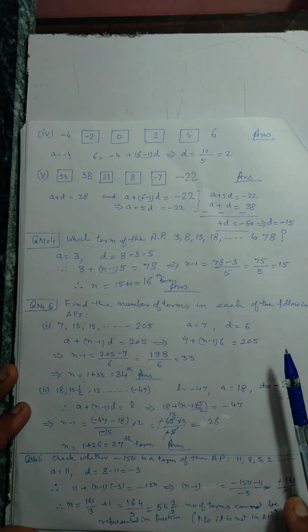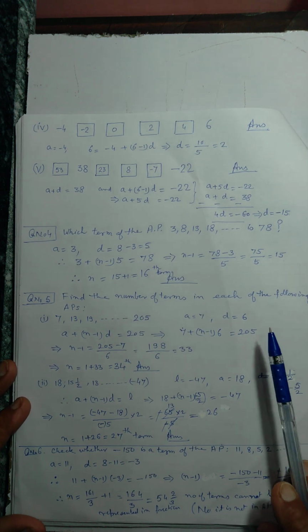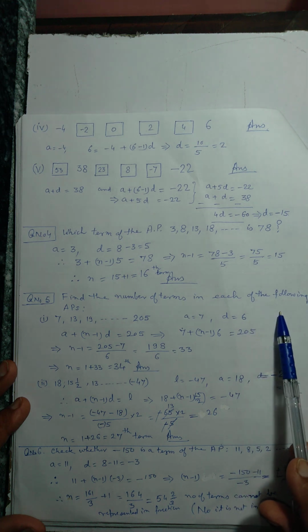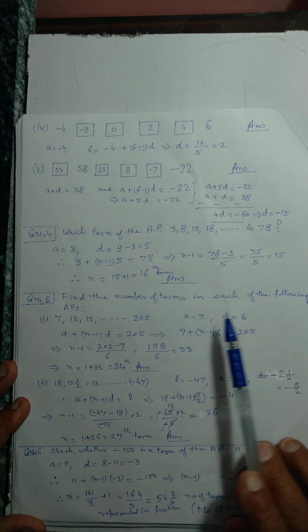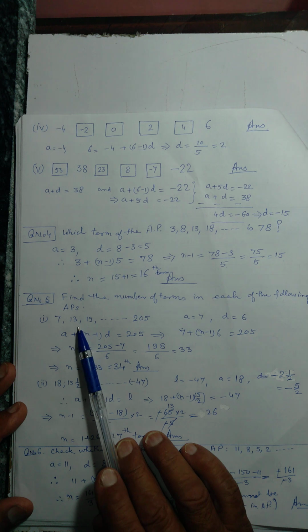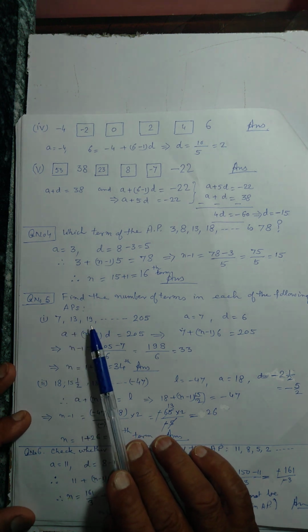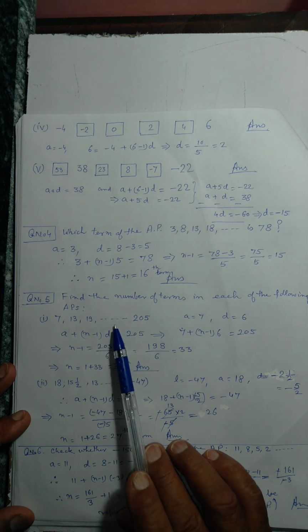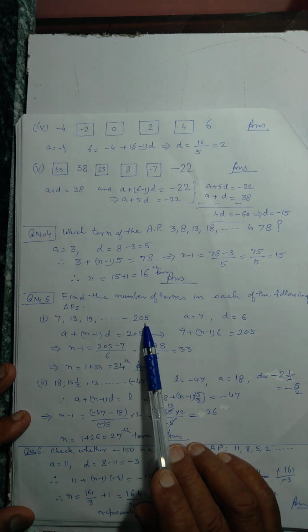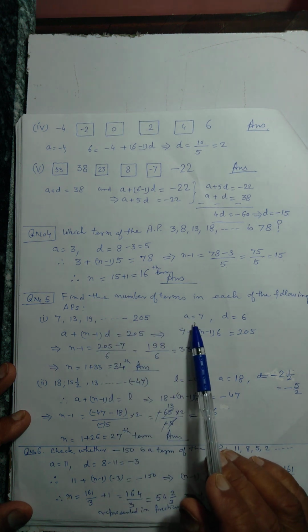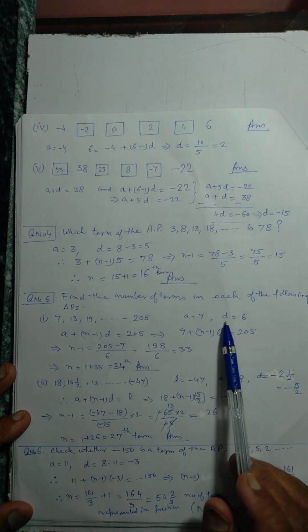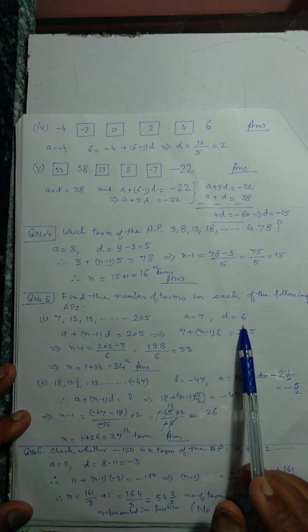Now question number 5. Find the number of terms in each of the following arithmetical progression. This is the first part, that is 7, 13, 19, dash 205. Here A is equal to 7 given, common difference you can work out, that is 6.